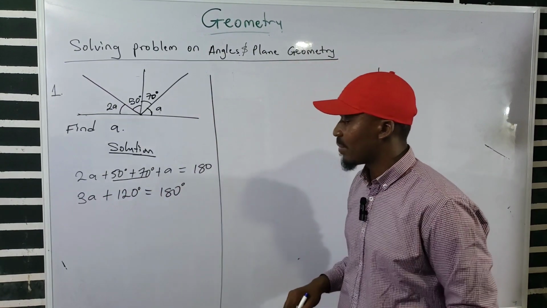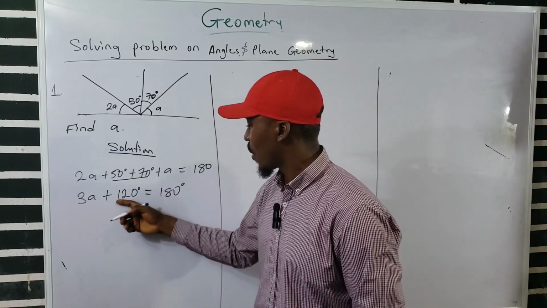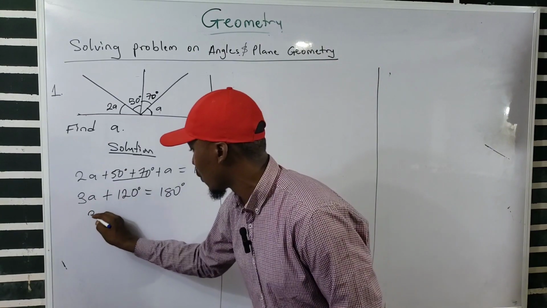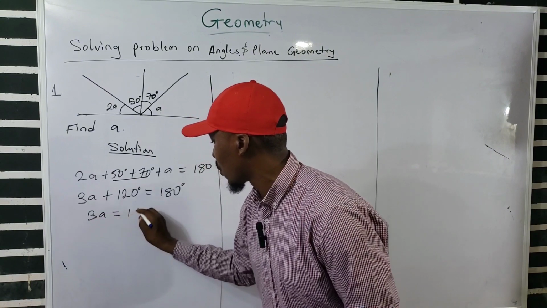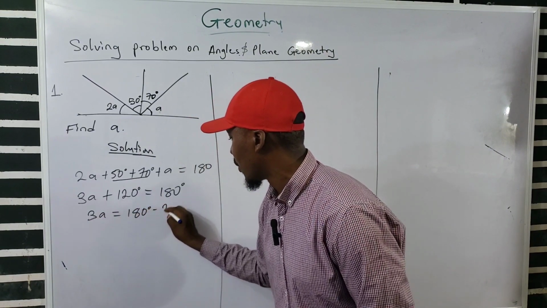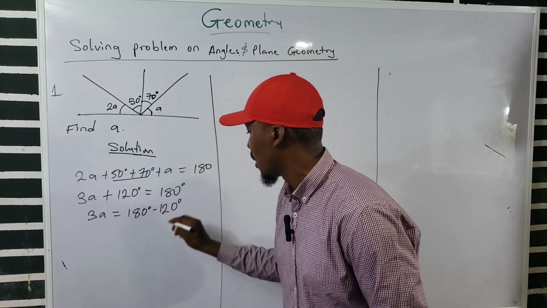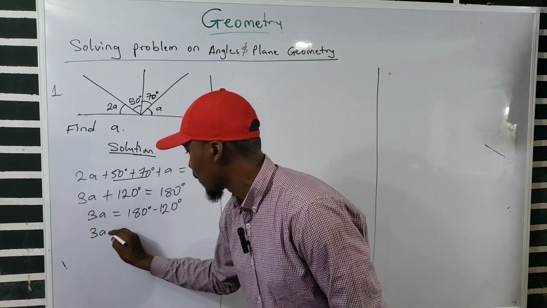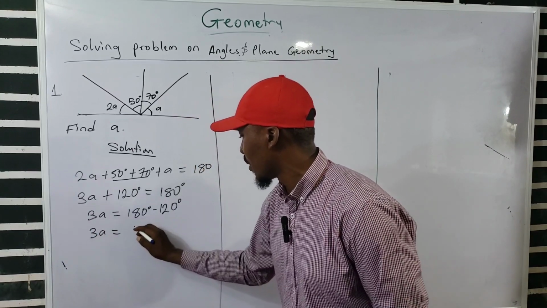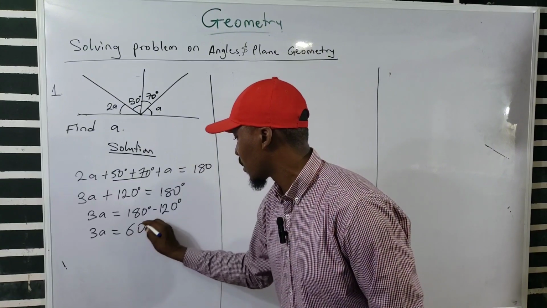So this one will move over here to become minus. So we have 3a equals 180 minus 120 degrees, that will give us 3a equals 60 degrees.